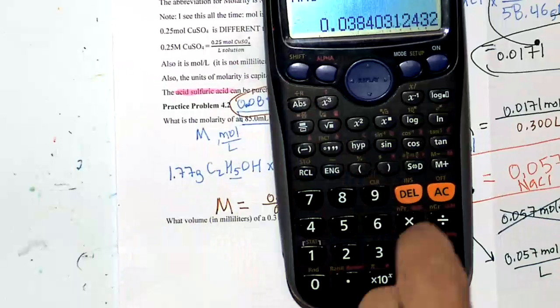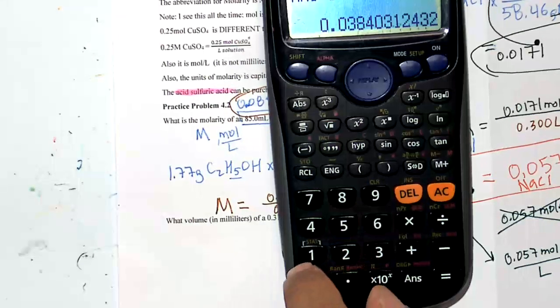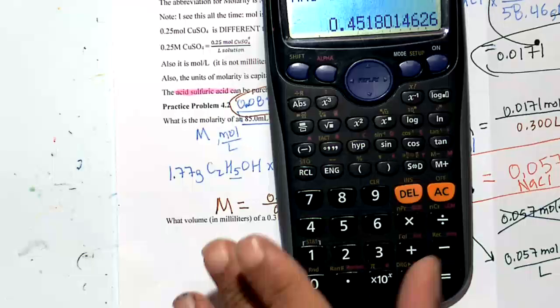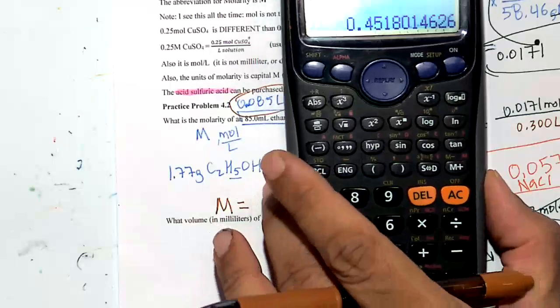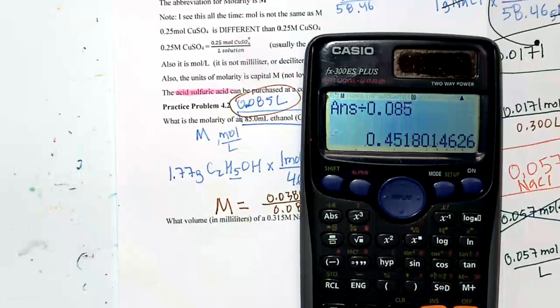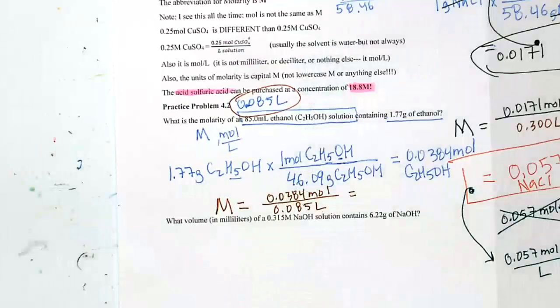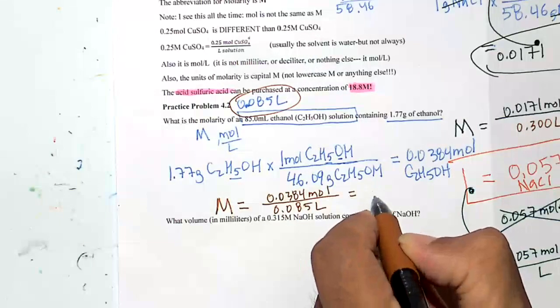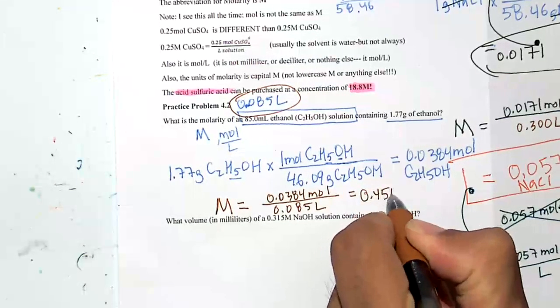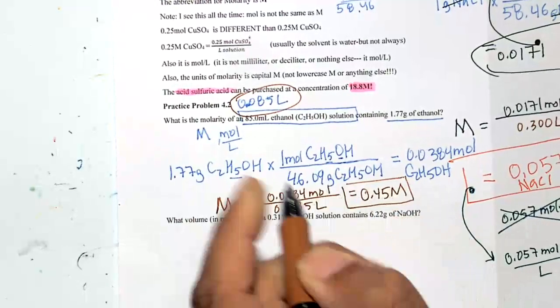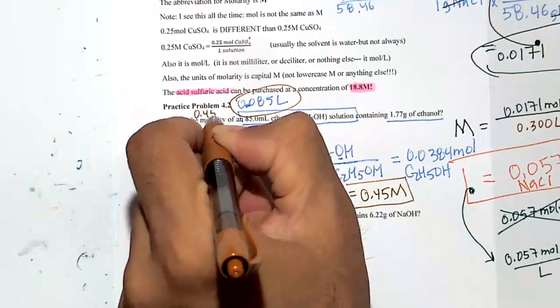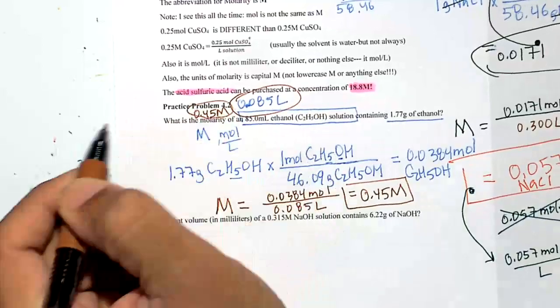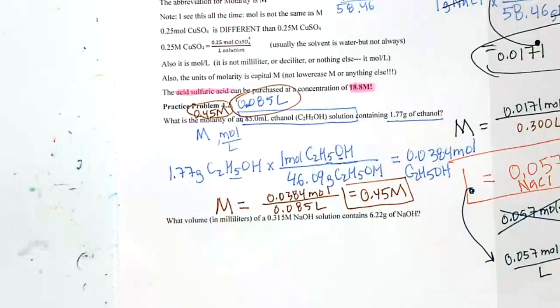And what do you guys get when you do that? 0.45 molar. This is what I'm getting. Big M. So this is our answer. That's the concentration of ethanol in moles over liter.